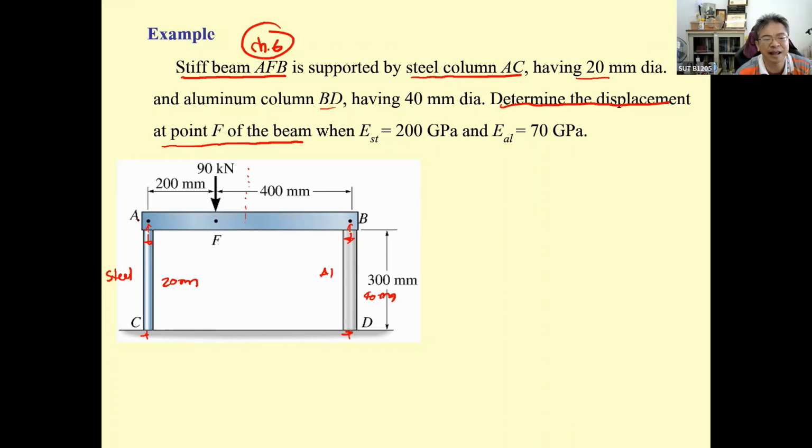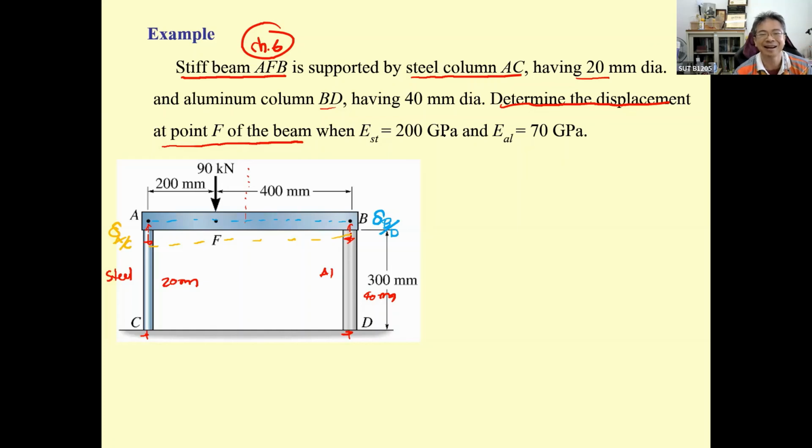So the force at A may be larger than the force at B. Okay, and we may assume from the reference line that's passing through the centroid of the beam, if we expect the force at A is larger than the force at B, so we should have the deformation of AC, the yellow one, gonna be larger than the deformation of BD, the light blue.